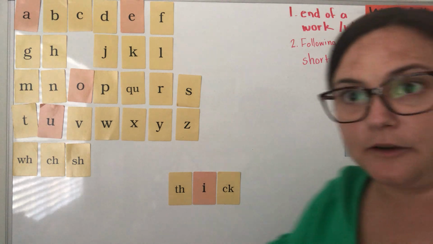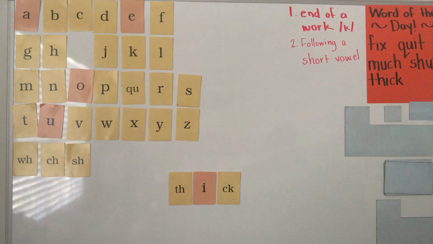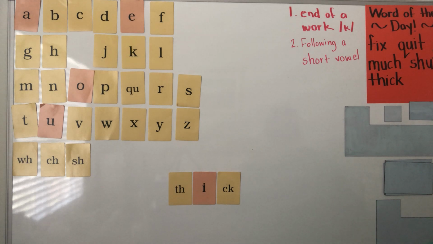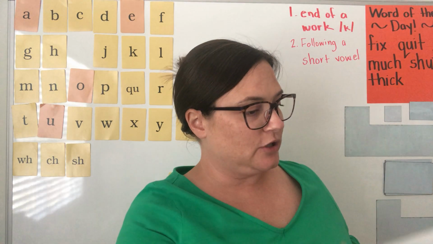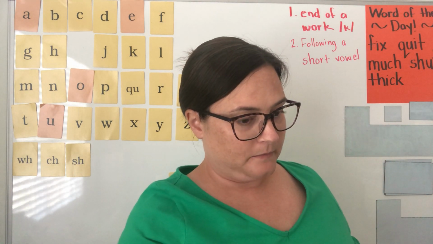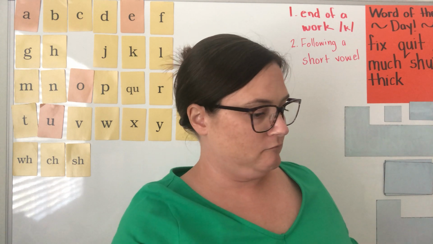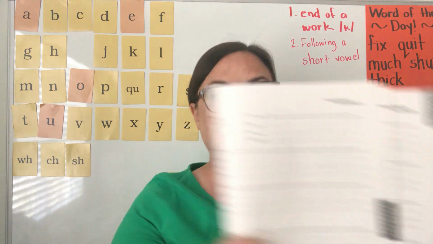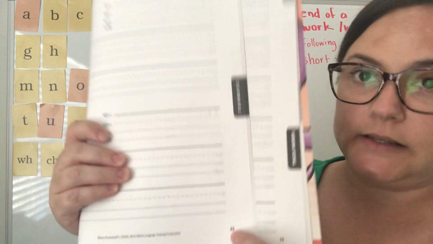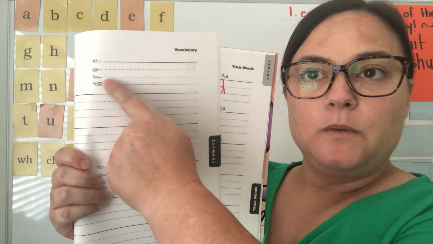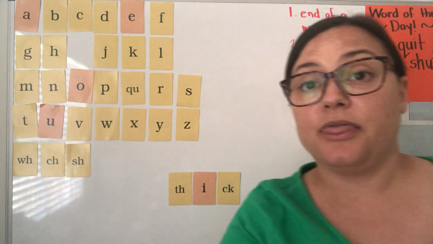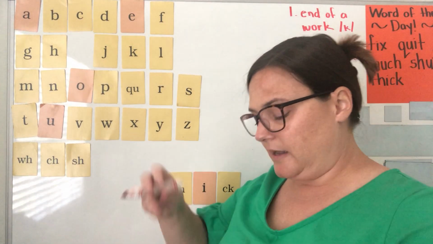And then we need to get out our notebooks and turn to page number 63, a 6 and a 3. And at the top, all I want you to do right now on the shorter line is write the word thick. This is going to be our word of the day.